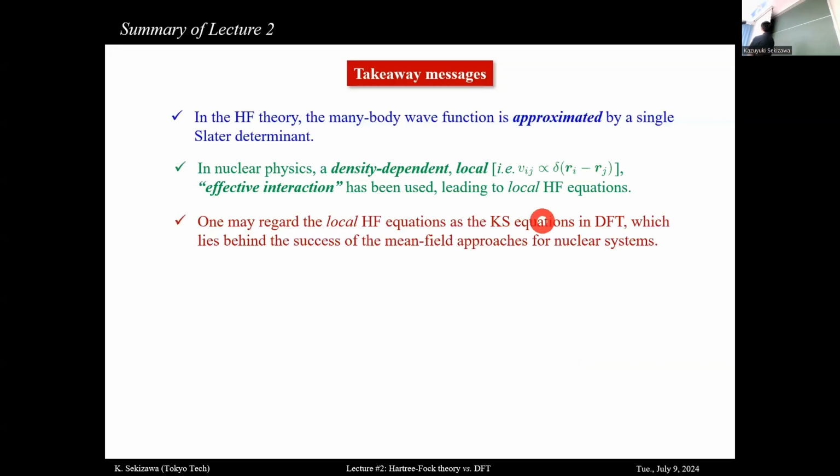You can regard this localized Hartree-Fock equation with effective interaction as a Kohn-Sham equation in the context of DFT. I think this is behind the success of the mean field approaches for nuclear systems.